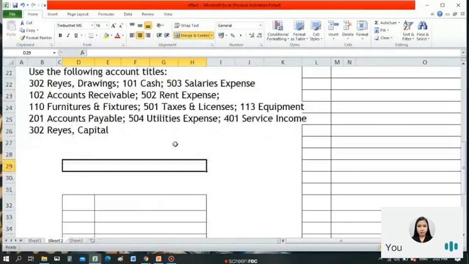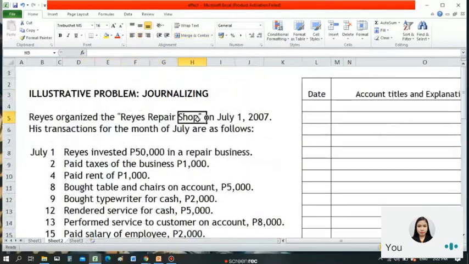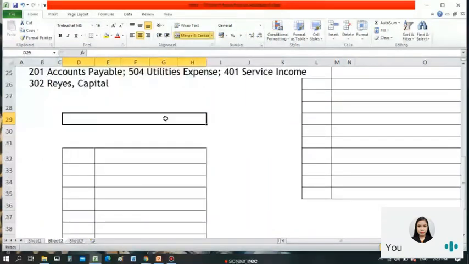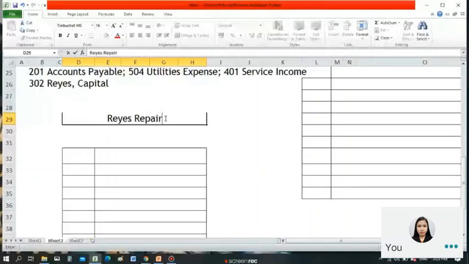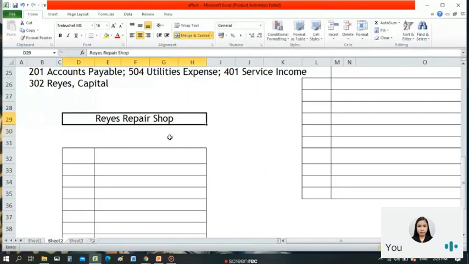So if the business is all capitalized, you must write it in your chart of account as all capital. So since it is Reyes Repair Shop, you must write it at the center. Reyes Repair Shop. After writing the name of the business, next in line in the heading is the preparation.